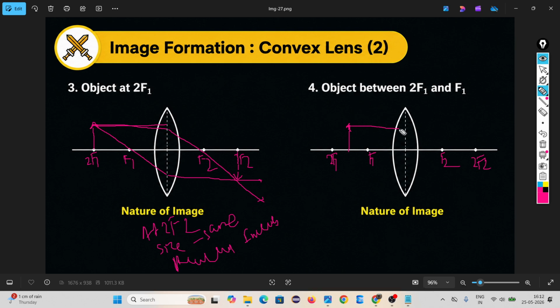Same, one line and another through focus. This is important. Okay, you have to practice.